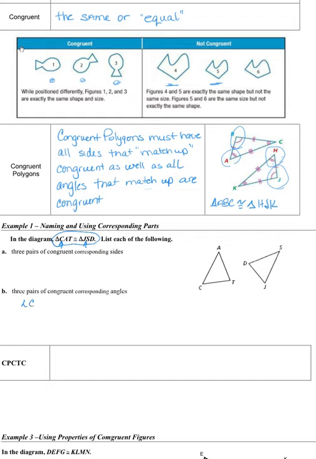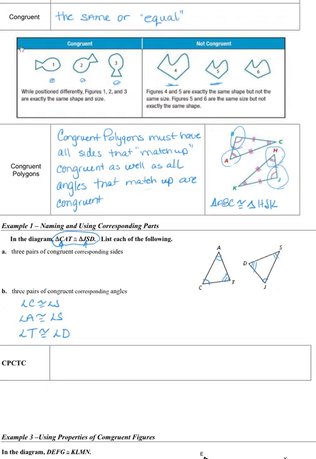So that's telling you that angle C is congruent to angle J, and I can mark C congruent to J. Then A is the second letter, and that matches up to S, which is the second letter in the other name. And that leaves you with the last letter T congruent to the last letter D. So again, we can mark A the same as S, and then we can mark T the same as D.